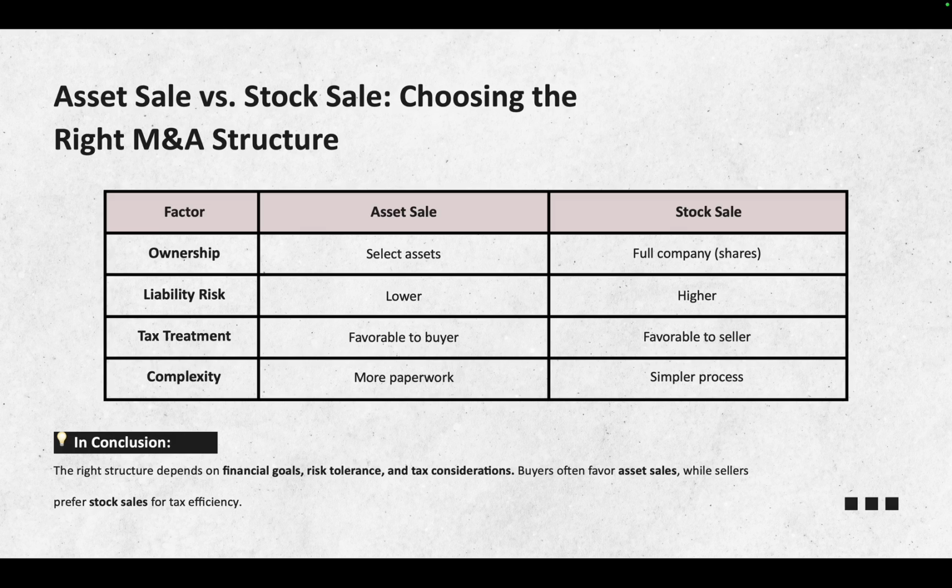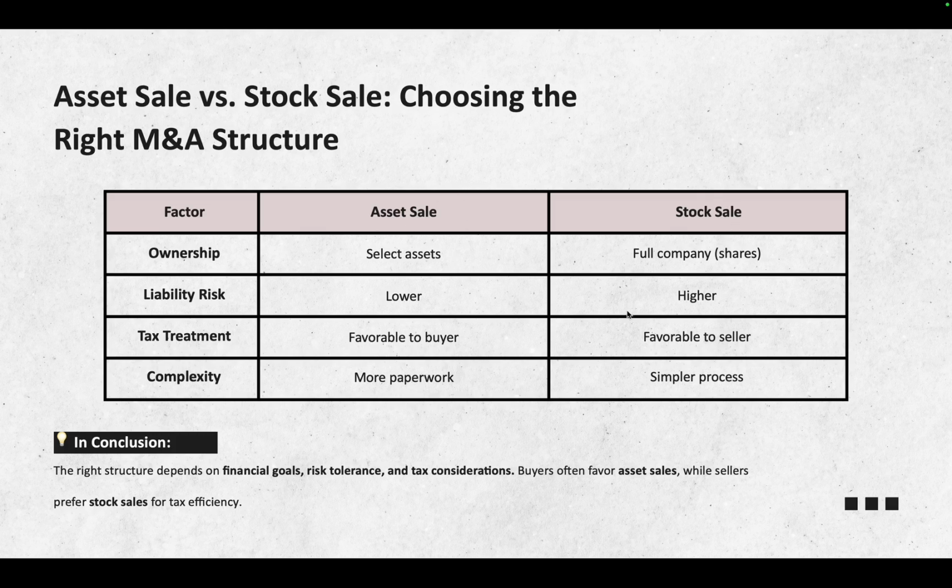So that's why the asset sale ends up being a bit more paperwork, because if you have a business with a lot of contracts, for example, with customers or with vendors, you now need to renegotiate and redo all of those different customer and vendor contracts into the new entity. So it is a little bit more paperwork, a little bit more costly, but it's a lot lower risk.